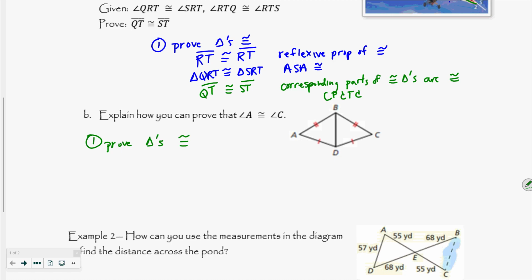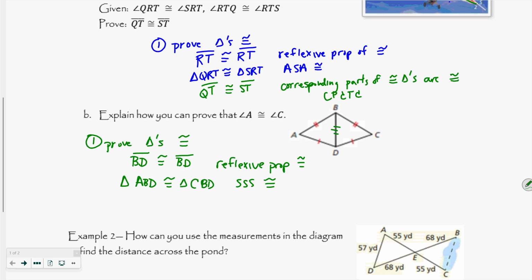I can do that by saying that BD is congruent to BD because of the reflexive property. That allows me to say that the triangles are congruent. So triangle ABD is congruent to triangle CBD by side-side-side congruence.